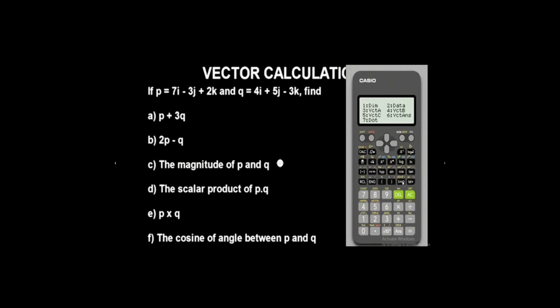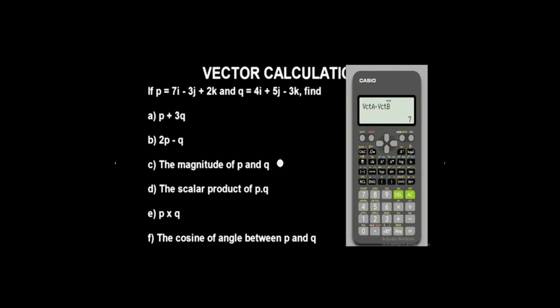Dot is option 7, press 7. So dot vector Q, which is vector B here, shift this, option 4. So that's it, guys, this is the dot product or scalar product. Press equal to. So we have it to be 7. It's as simple as this, guys.